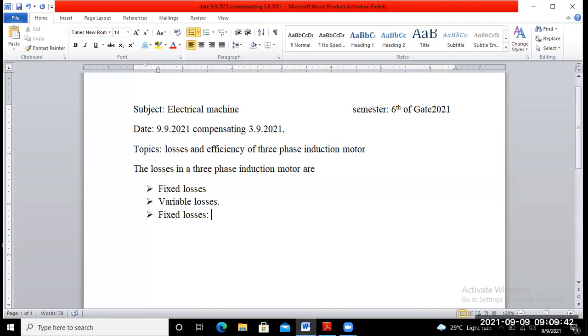These losses consist of core losses, bearing friction losses, brush friction losses in slip-ring rotor induction motor only, and winding losses. These losses are constant for an induction motor. That's why they are known as the fixed losses.